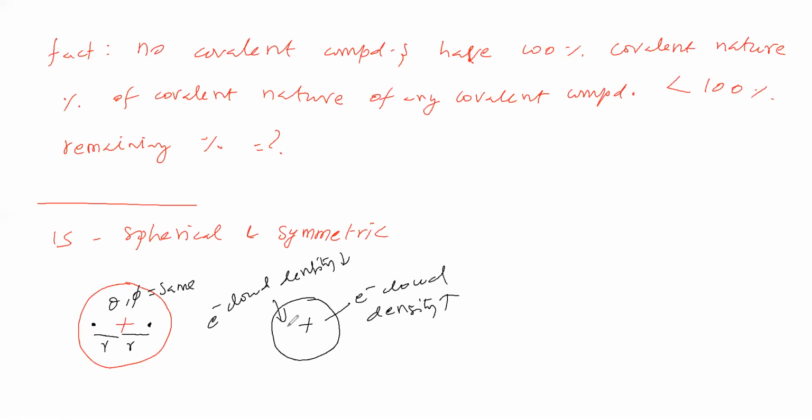This side becoming low means this nucleus will try to attract some other electron cloud because the electron cloud density becomes low. What will happen here? Here electron cloud density becomes high. Therefore, this electron cloud density will repel this side electron cloud. Therefore, attraction and repulsion are taking place. Nothing is symmetric here. Perfect symmetry is not possible.